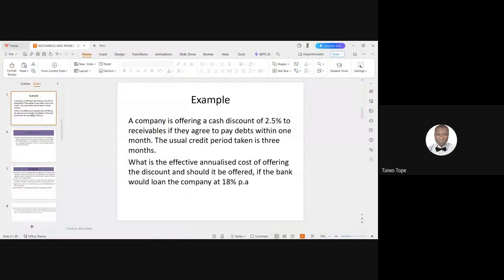The 2 months you are saving in 3 months is 1 for the first period. So for overall 12 months, 12 divided by 2, it will give us 6.